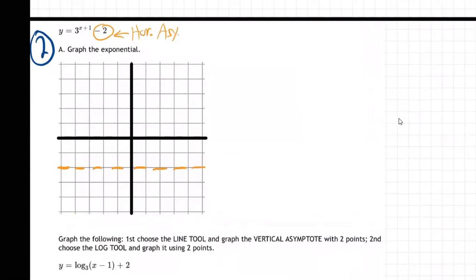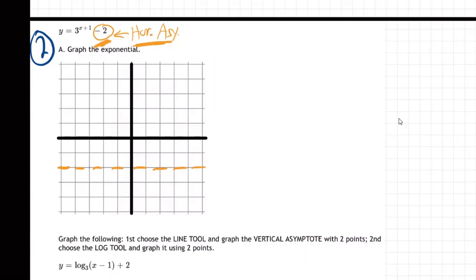Exponential graphs always have a flattening outline, a horizontal asymptote. And that's always the number added or subtracted off to the right. That's going to be in the notes soon. I'll put that in the notes for you. So any number added or subtracted off to the right of an exponential function, that's the horizontal asymptote.